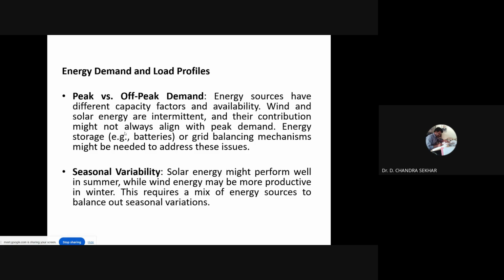Wind and solar are both intermittent, and their contribution might not always align with the peak demand. So to overcome this, in between these two plants, we are integrating energy storage systems, that is, batteries.